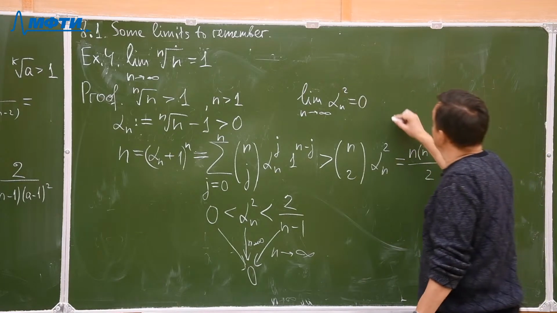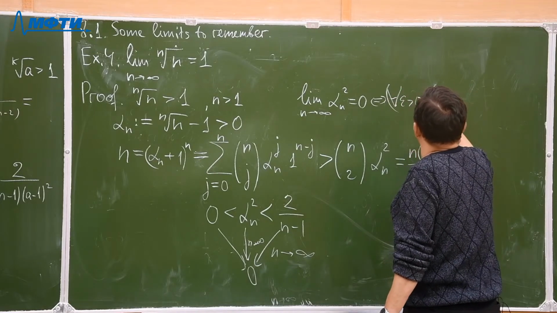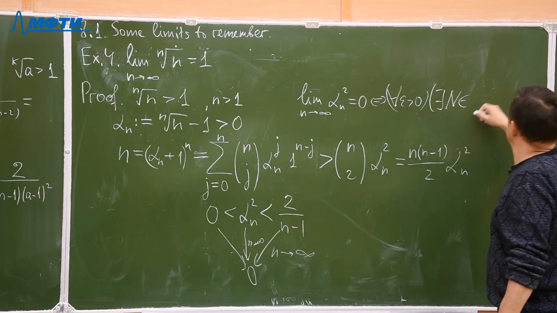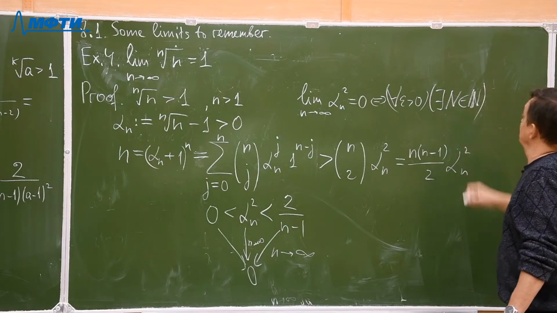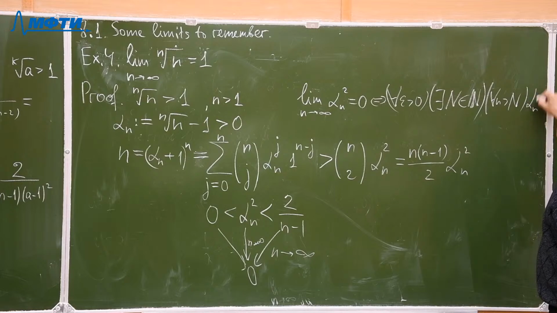It means, by definition, for arbitrary epsilon greater than 0, we can find a natural n such that for all n greater than this natural n, we have alpha n squared less than epsilon. I can forget about modulus because of the square. But maybe it's better to proceed as follows.